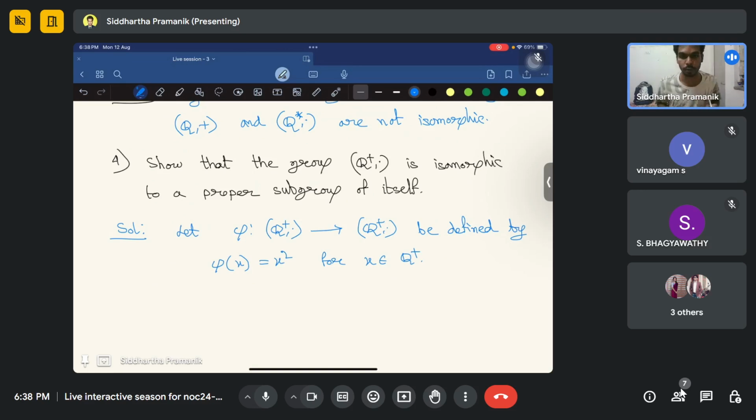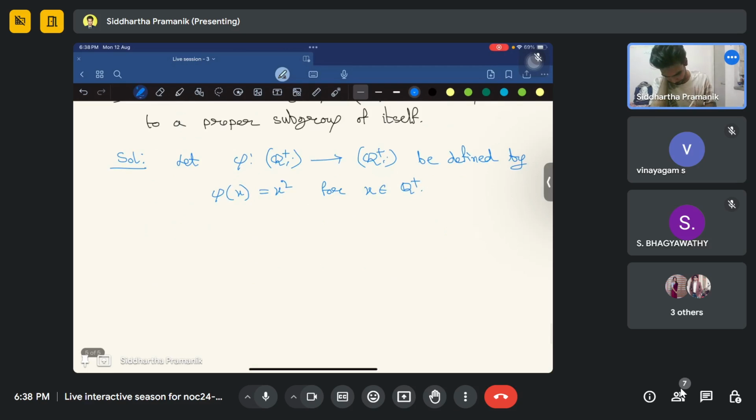So is this a group homomorphism? Then phi of x times y is the same as xy whole square, which is the same as x square times y square. So this is phi of x times phi of y. So clearly phi is a group homomorphism.